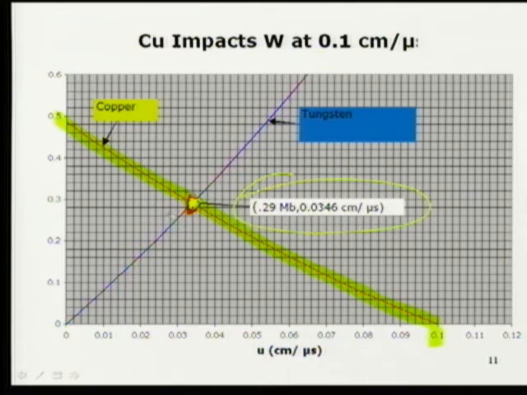Now, if you didn't know the equation to reflect the copper curve, you could have taken the principal Hugoniot for copper, and I'll just draw it because I can't do it accurately without numbers. But clearly, it's less impedance.